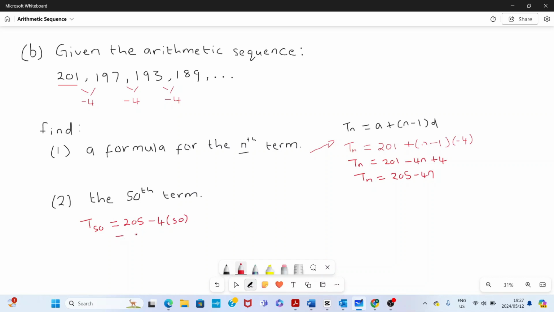So this would give us 205 minus 4 times 50, that is 200. So the answer is 205 minus 200, that gives us 5. So that's how simple arithmetic sequences are.